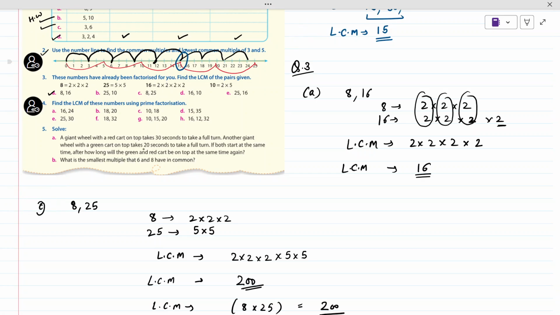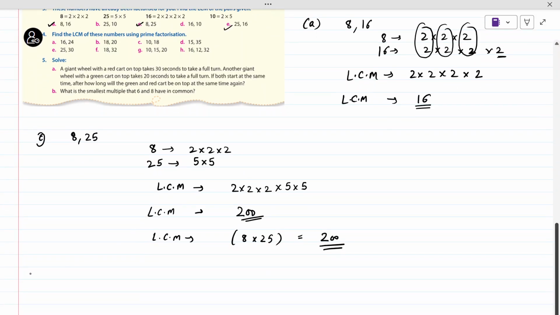And now let me do one more part for you. We have done A, we have done C. Let me pick E. For E, we have the numbers 25 and 16. By looking at these numbers, can you think of any table in which 25 and 16 come together?